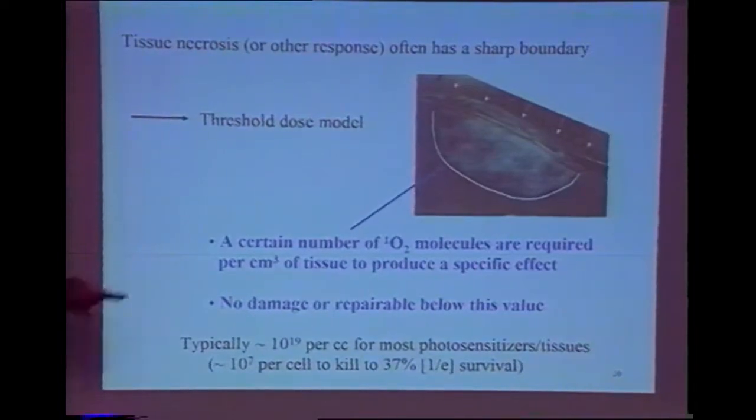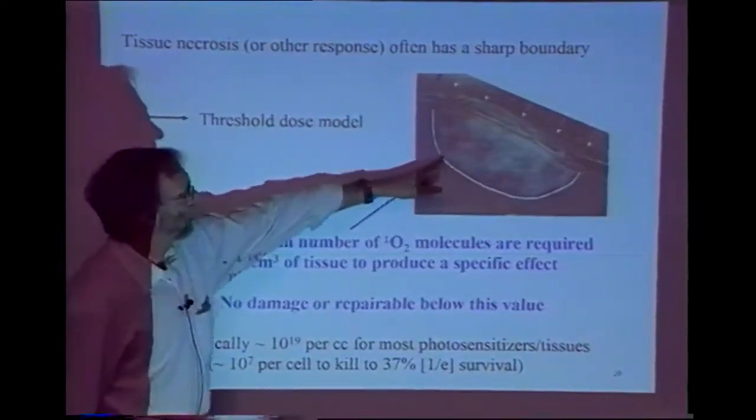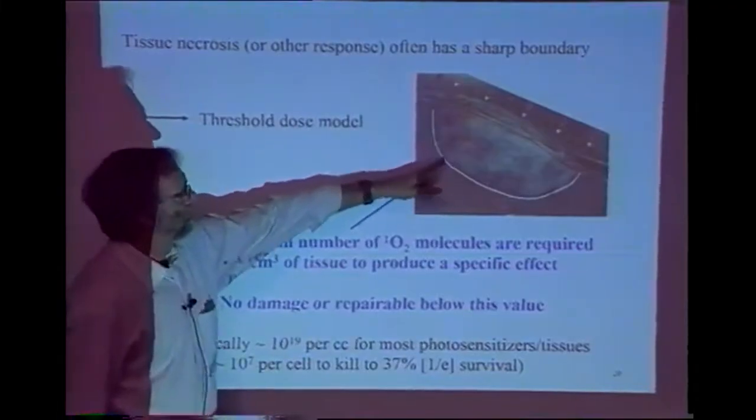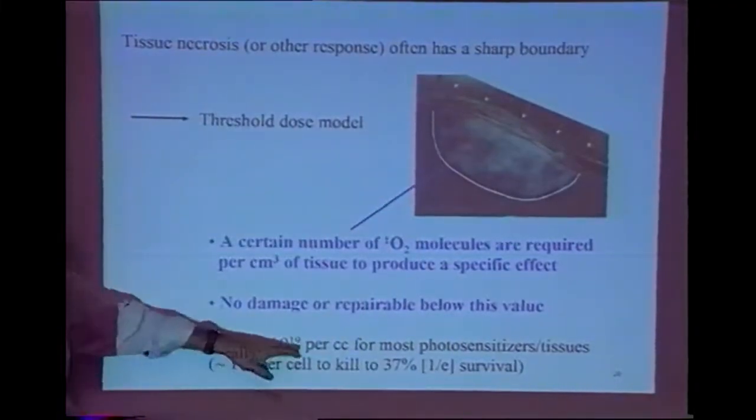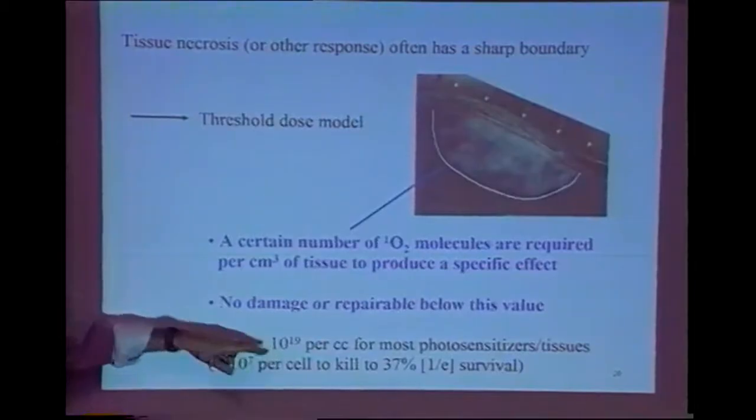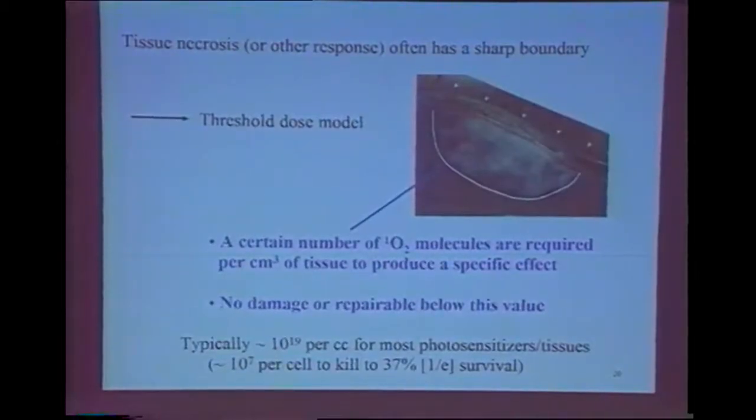So to kill 1 gram of tissue requires about 10 to the 19 photons to be absorbed by the photosensitizer. Not by the rest of the tissue, by the photosensitizer.